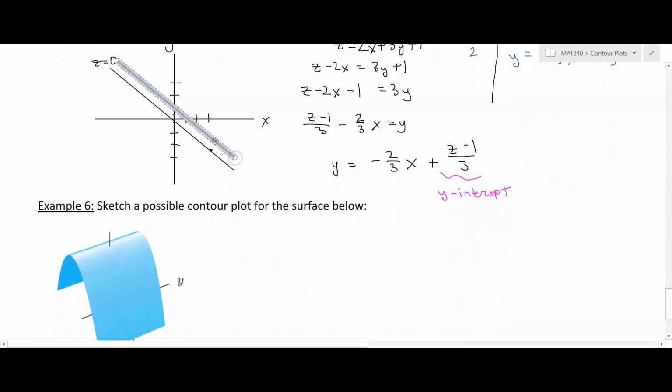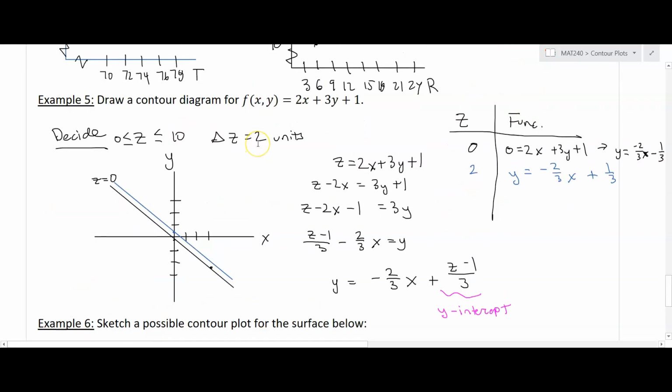All right, try to get this as close as we can and shift this down a little bit. There we go. This is for z equals 2.